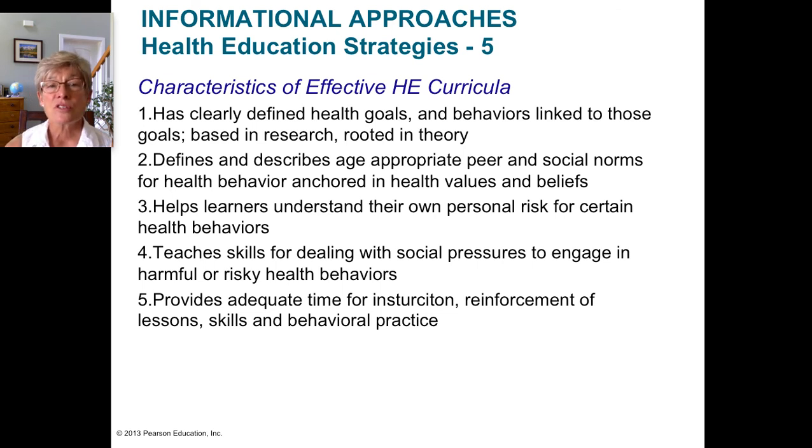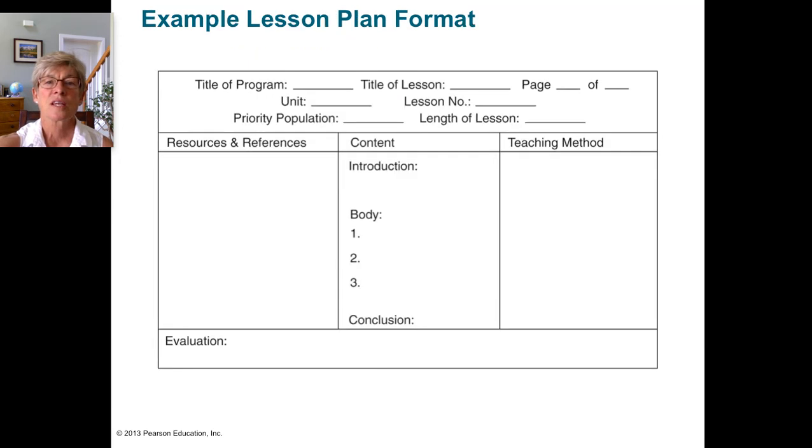It helps learners understand their own personal risk for certain health behaviors and teaches skills for dealing with social pressures to engage in harmful or risky health behaviors. It provides adequate time for instruction, reinforcement of lessons, skills, and behavioral practice. Now, we can't always have the ideal situation, but these certainly are critical elements for effective health education curriculum.